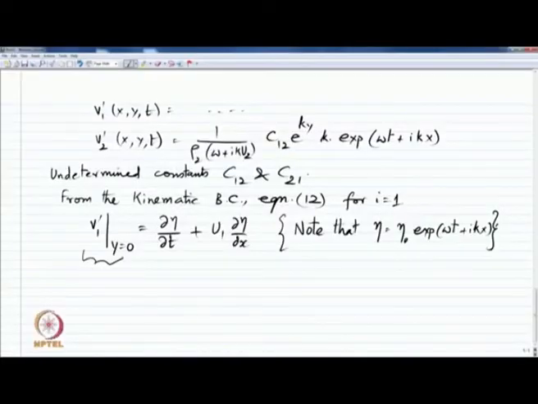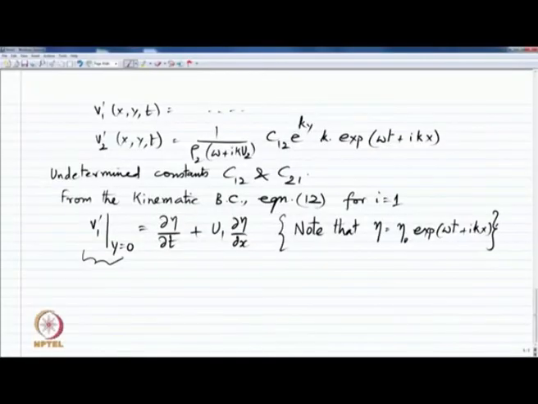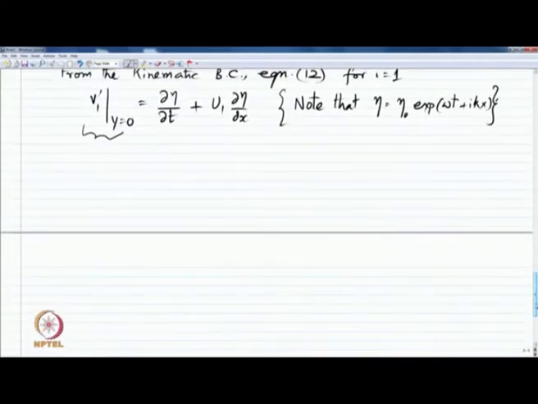So, dou eta dou t plus u1 dou eta dou x is basically an advection of that interface with a velocity u1. u1 happens to be the fluid velocity, the base flow velocity in fluid 1. So, once we figure this out, now substituting what we have for V1 into this, we get k times C21.